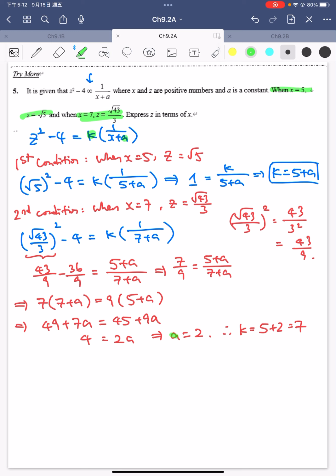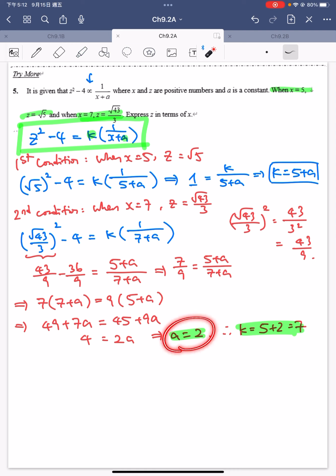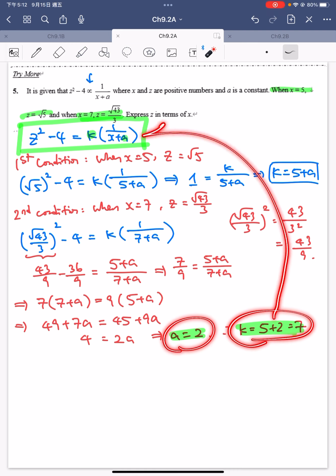So now we have the value of a and we have the value of k, so that we can put it back into our original formula, this one. This is our original formula with unknown k, unknown a. So now we have found them, we can put them back into our formula.